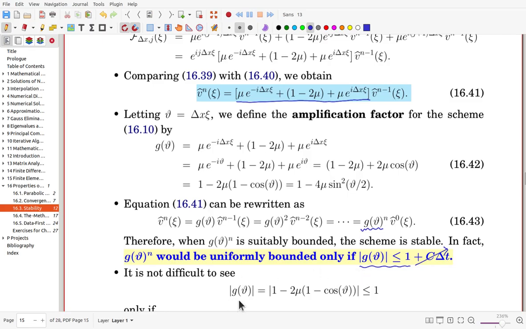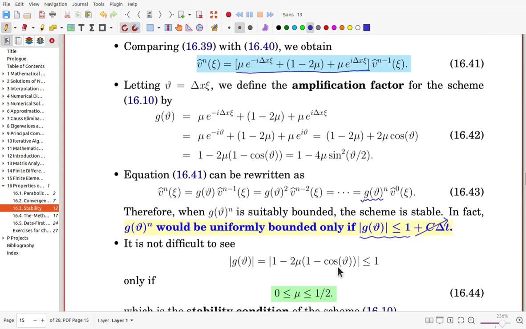Here it's not really difficult to show that G(theta) is bounded by 1. If mu is too large, then it becomes some negative value, so in modulus it becomes larger than 1. So you have to choose mu bounded by half, then it is really bounded by 1. So it becomes the stability condition.